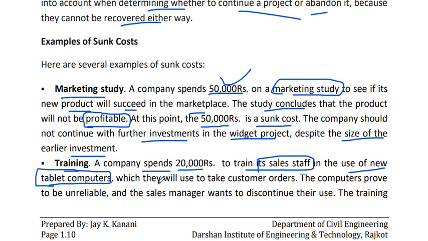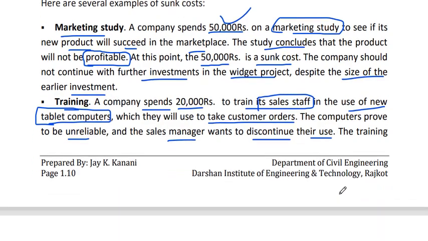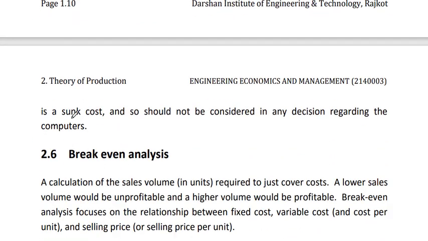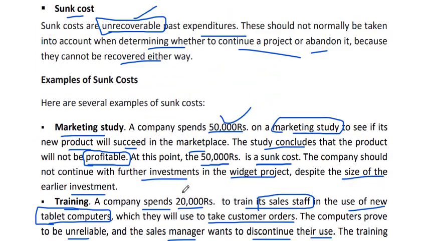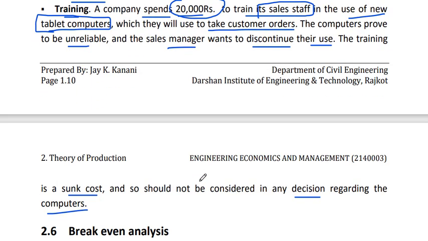They will use the software to take customer orders. Now the computer proves to be unreliable. It is not working properly for taking orders, and the sales manager wants to discontinue its usage. So the training is a sunk cost and should not be considered in any decision regarding the computer. We cannot recover this 20,000 rupees, so it is called sunk cost.